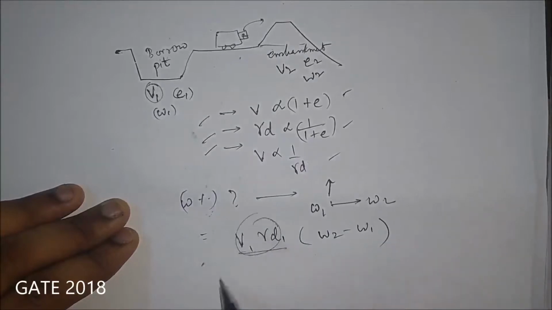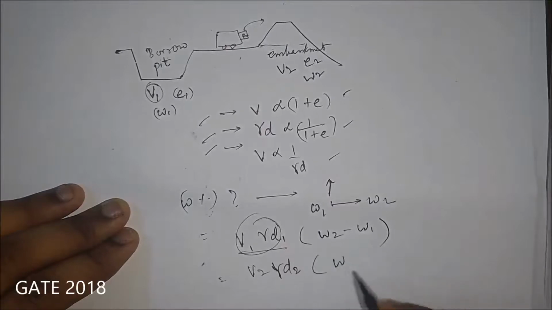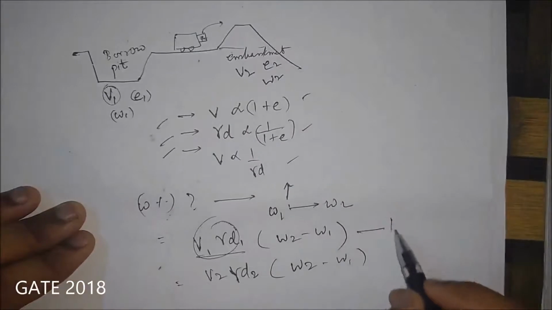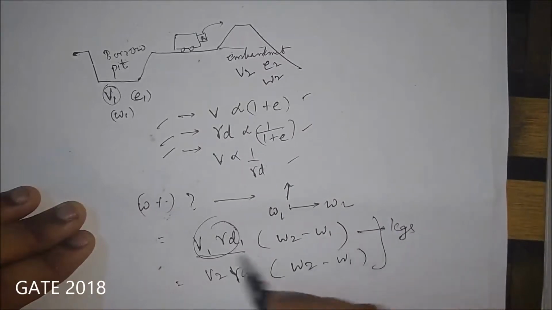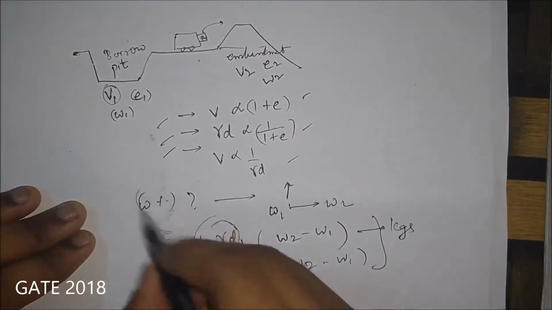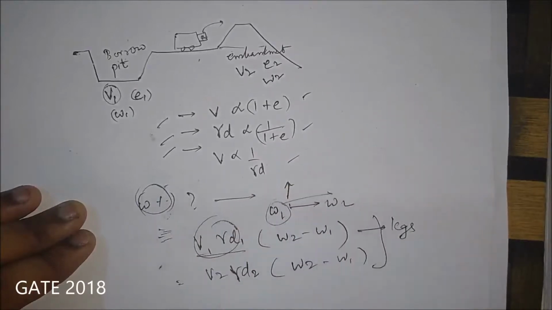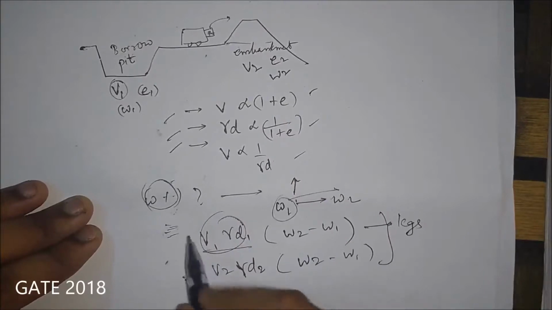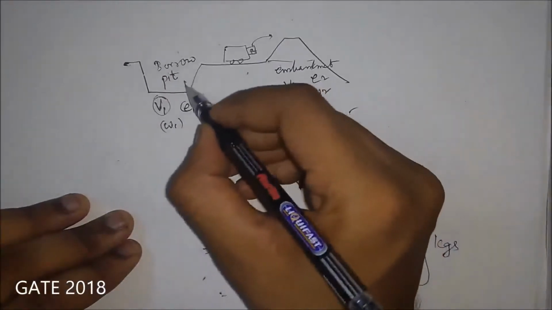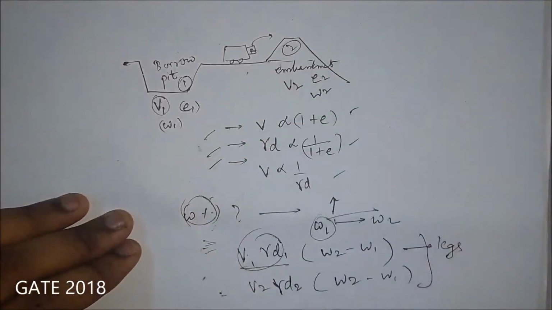Either you use this or you use V2 gamma d2 (w2 minus w1). The answer will come in kgs always in these two cases. How much water is required to raise the water content from w1 to w2? 1 and 2 are nothing but the borrow pit and the embankment itself.